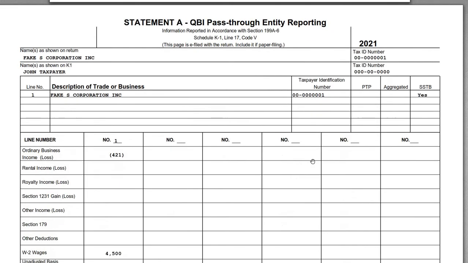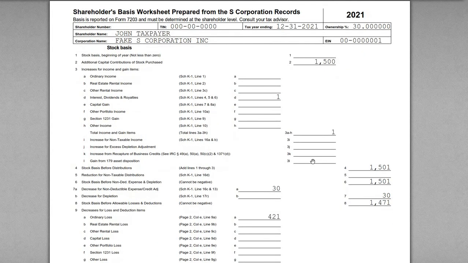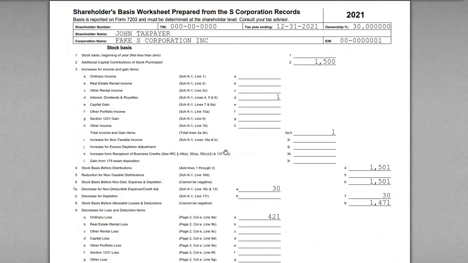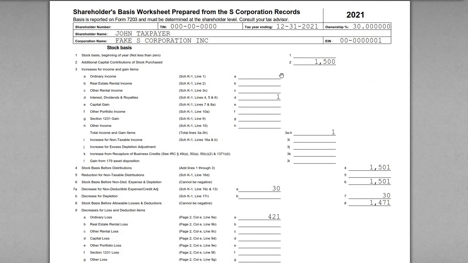If we scroll down here, we can take a look at the basis worksheet that was included with the K1 package. So here we have John's basis worksheet. If you compare this side by side with the 7203, it has very similar information and format and flow through, right? We have the stock basis computation up here, and the debt basis down here if it would apply. At the top, John contributed $1,500 in cash to the company in exchange for the stock. That was his initial capital contribution.